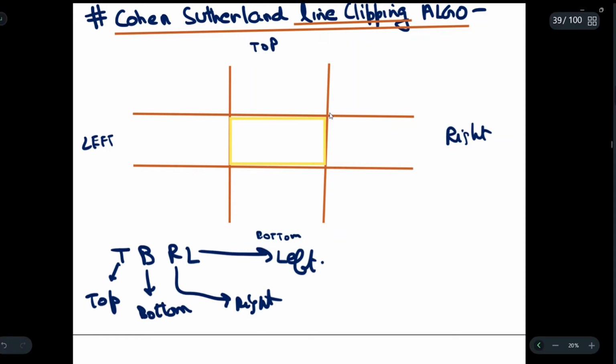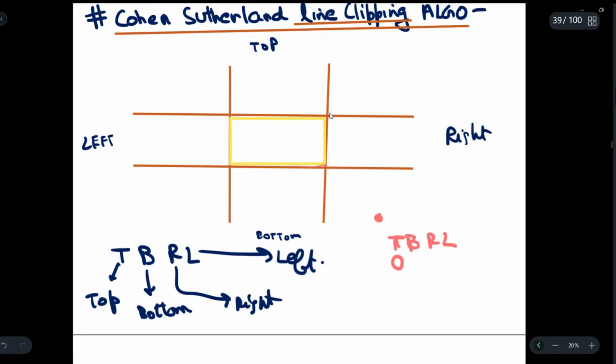So now we are going to plot 4 bits in each of these boxes. Let us see how they are to be plotted. First of all, take T, B, R and L. Now let us consider this quadrant. Does this point lie above the polygon? No, it lies below the polygon, so it does not lie on the top, so we will write 0 over here.